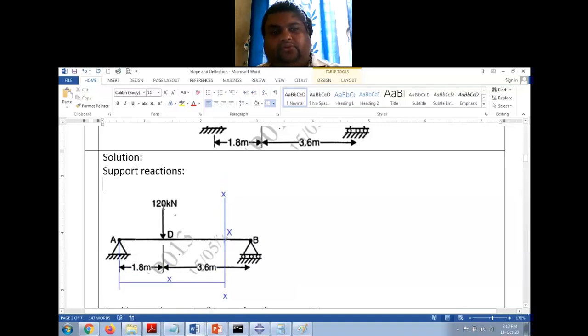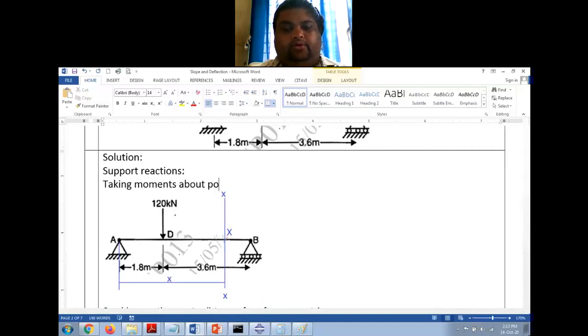Now how to find support reactions? Sum of all the forces is equal to 0, sum of all the moments is equal to 0 on the beam. Let me first take bending moment about point A. Taking moments about point A, we get RB into perpendicular distance.